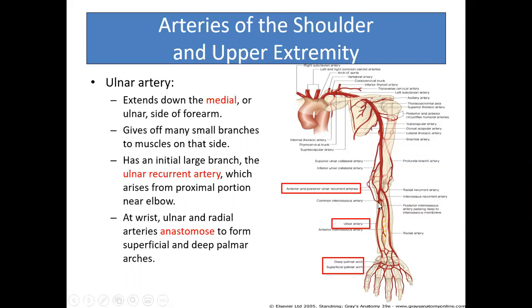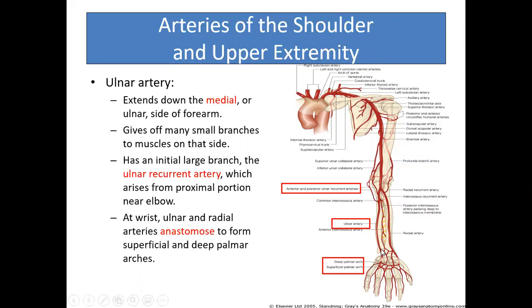Here we have the anterior and posterior ulnar recurrent arteries. This is the initial large branch of the ulnar artery, and it arises from the proximal portion near the elbow.